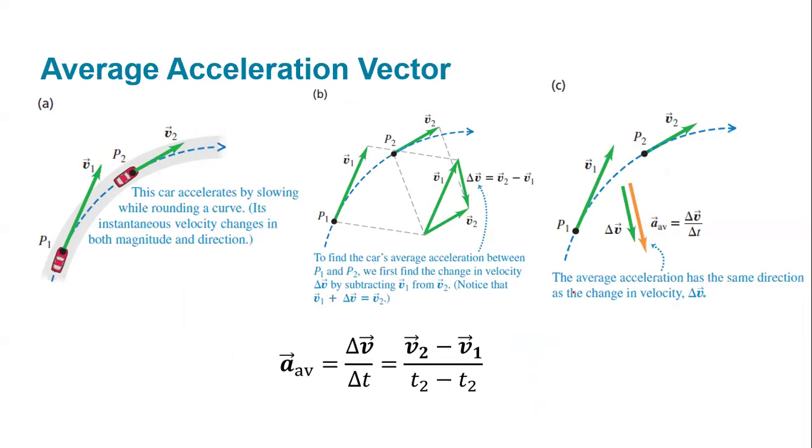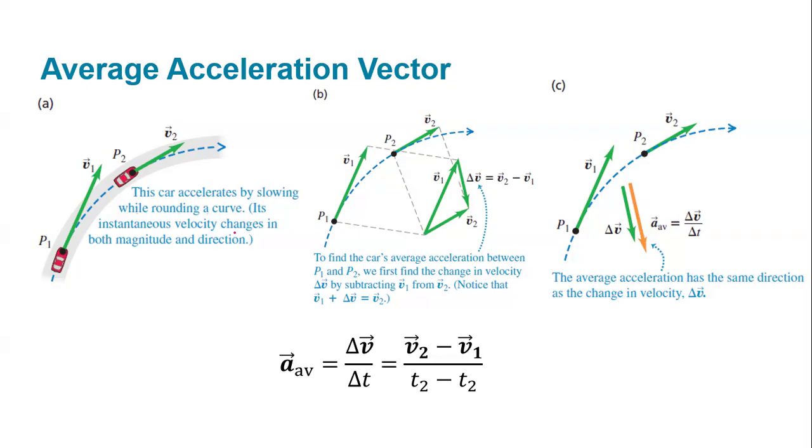Okay, to go further, we have the average acceleration vector. One example for this is, say, we are moving in a curved path, so our velocity might change. This car, for example, accelerates by slowing down while rounding a curve.